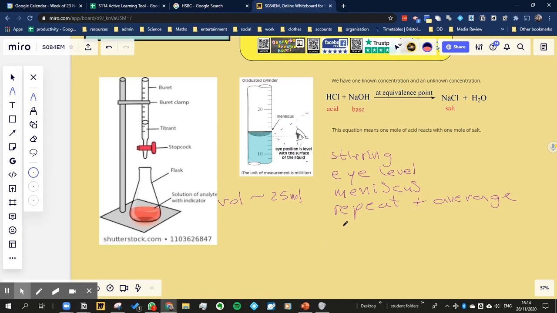So what would we call that? The first attempt is just to get a rough range. So you know what I mean by range? It's going to be roughly somewhere between, say, 23 and 26 milliliters.